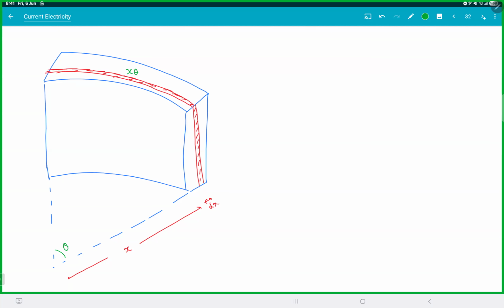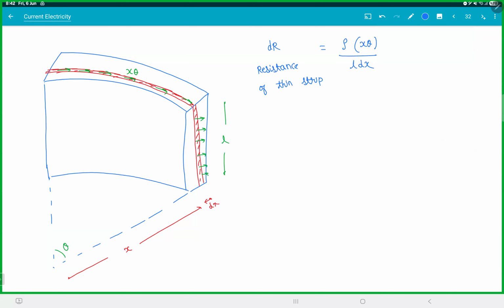Now remember, here the current is flowing along this arc, and the current is coming out of this cross section. This length was L. So when you write the resistance of this thin strip, dr, it will be rho. Length will be the length along the current flow, which is x theta, by area perpendicular to the current flow, which is L dx.